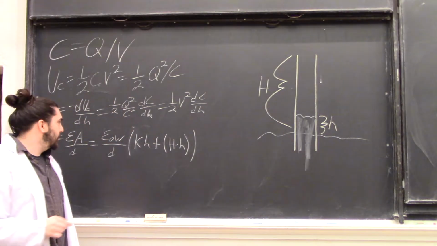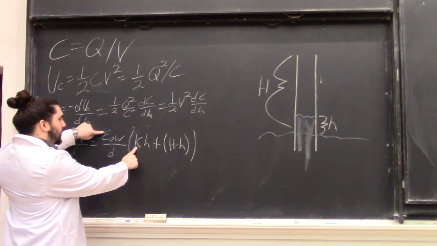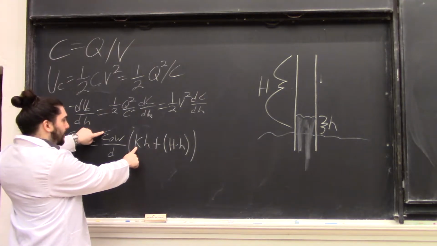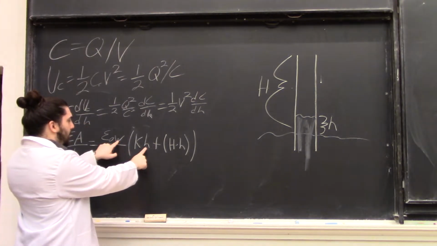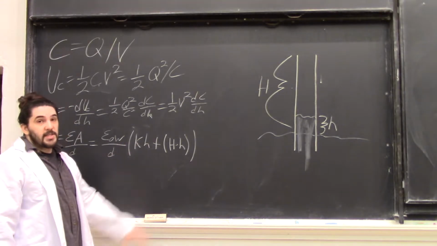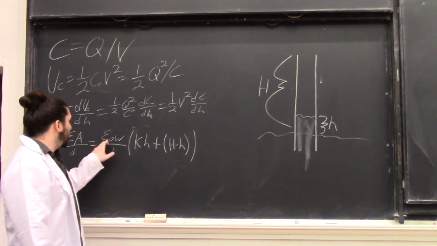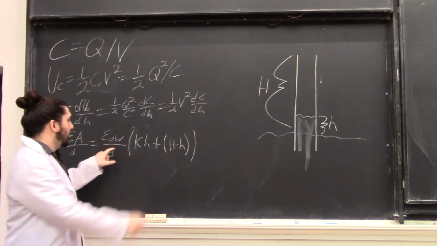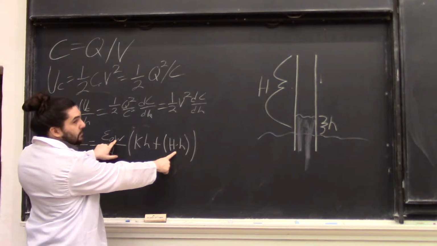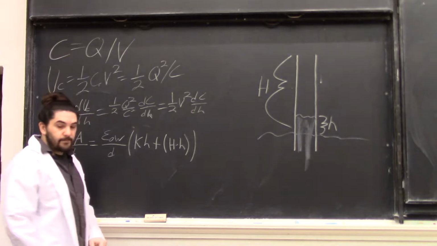So for the lower section, we have K times epsilon naught, times the area, width times h, over d, plus the capacitance on top, epsilon naught, times the area, W times big H minus little h, over d.